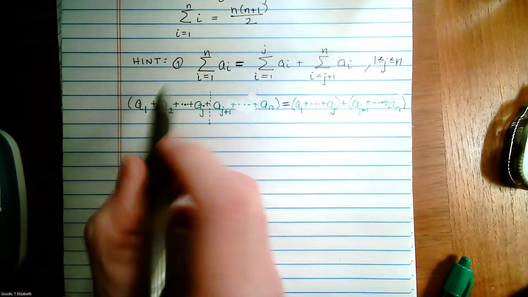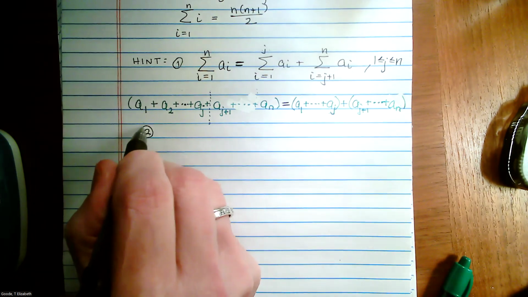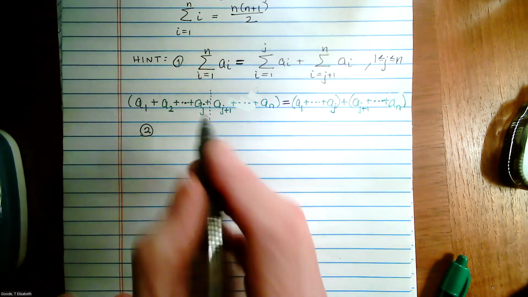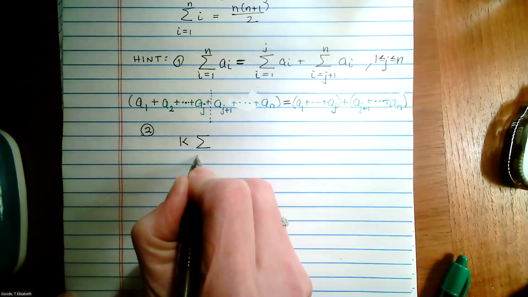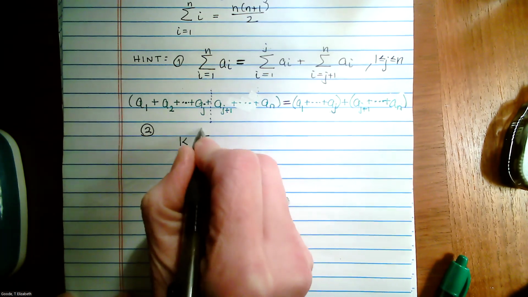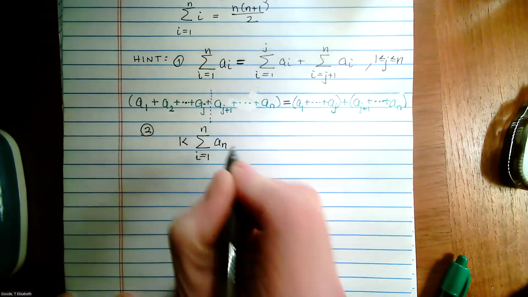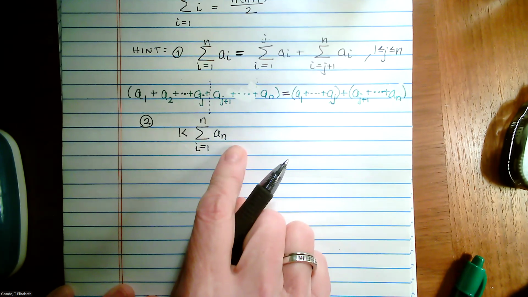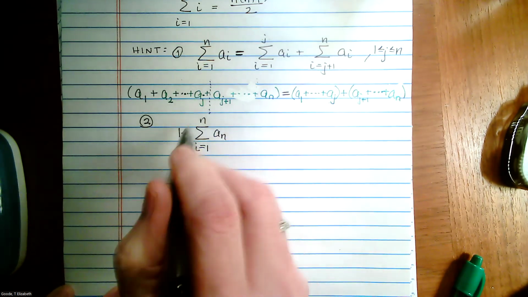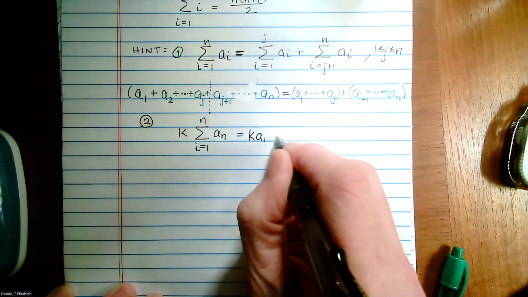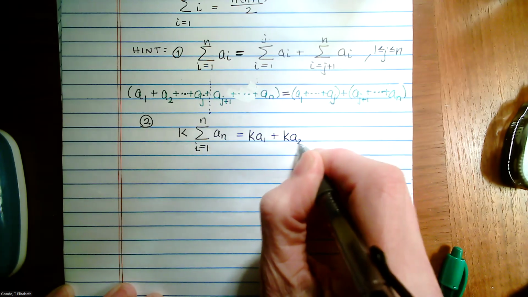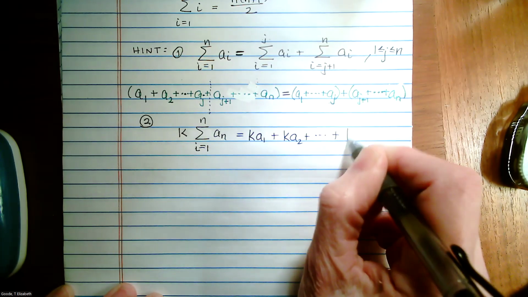So that's one hint. Another hint is that if you find yourself looking at a multiple of the sum from i equals 1 to n of a sub i, that's just k a sub 1 plus k a sub 2 plus dot dot dot plus k a sub n.